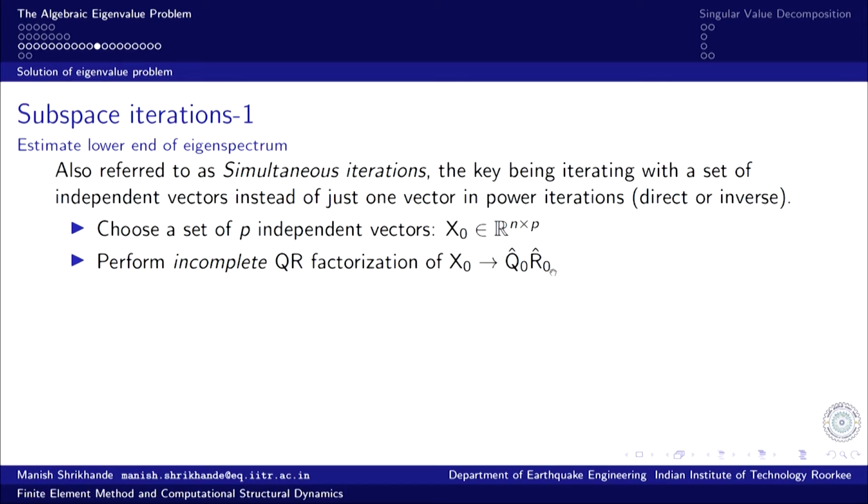So, R 0 will be upper triangular p by p, and the rest of the rows, the n minus p rows, are all null matrix, entirely null.